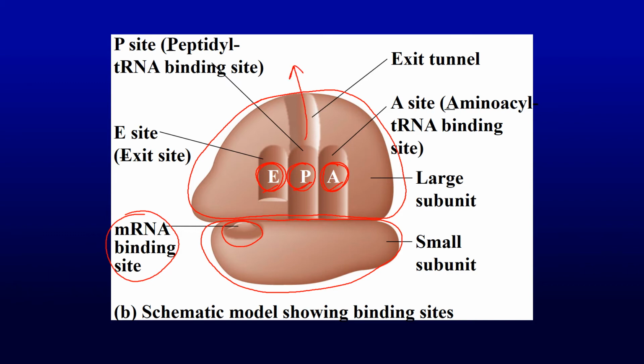The exit tunnel is where the polypeptide that's produced leaves the ribosome. Alright, so I'll show you the relevance of these EPA sites in a moment, but they are where transfer RNAs locate within the molecule. Amino acids get joined together, they form a big long chain, and that leaves the exit tunnel.